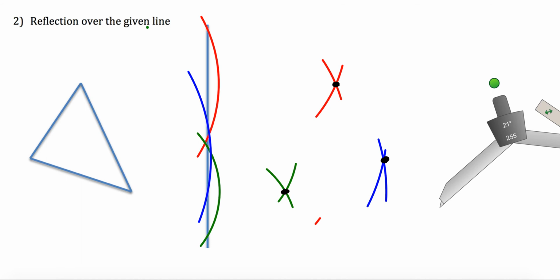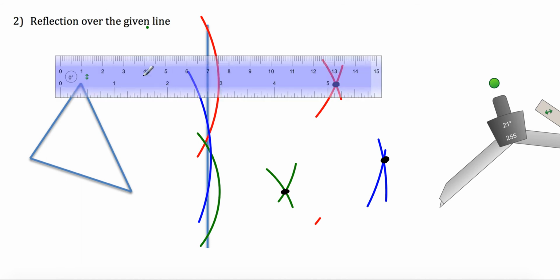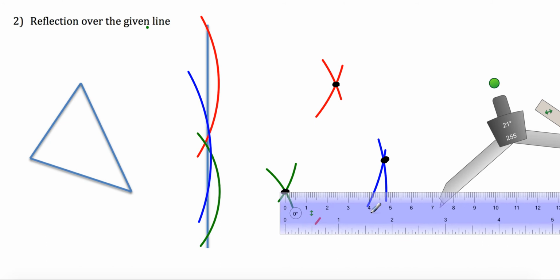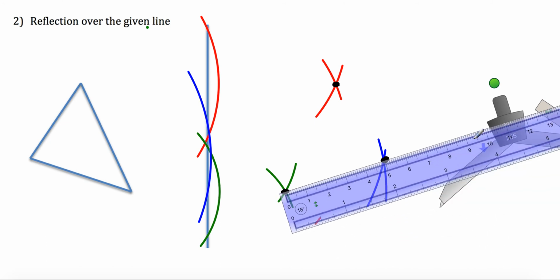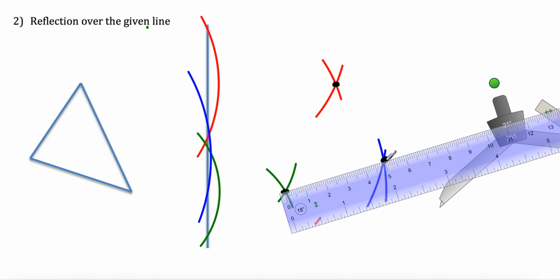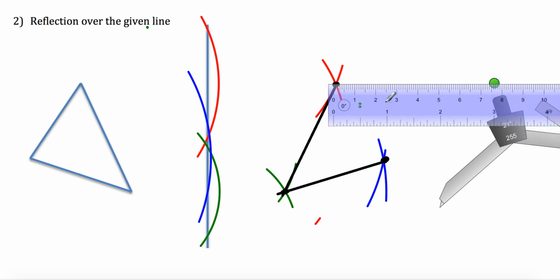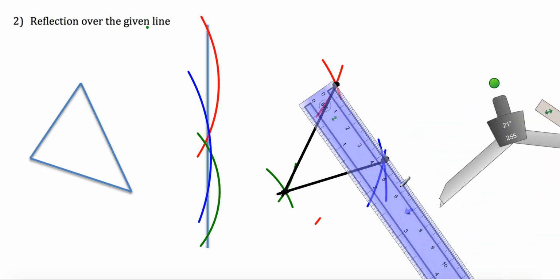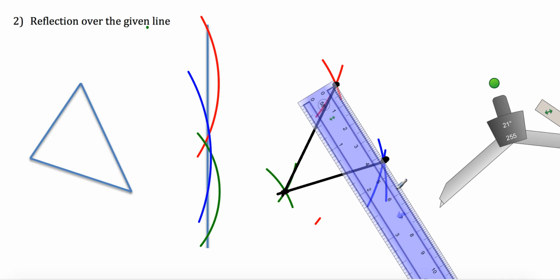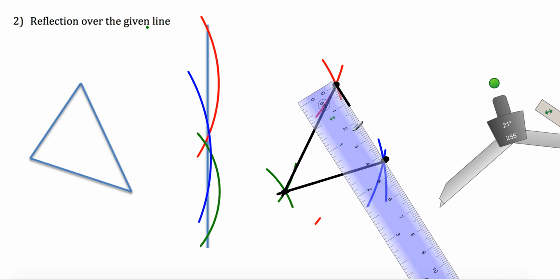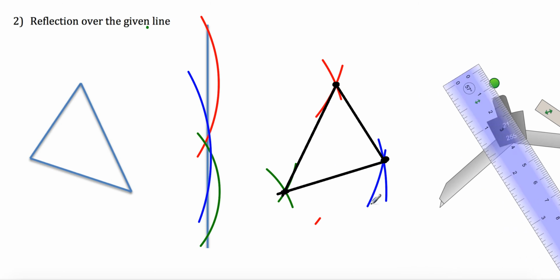Now what we have to do is take out our ruler and connect the line segment. All right, there we go. So this is a copy of the original figure through the reflection of this line.